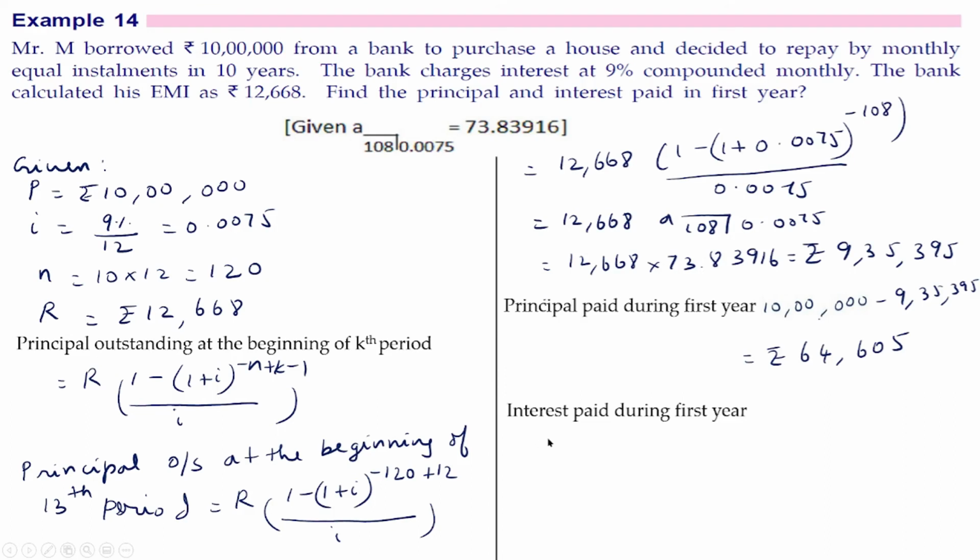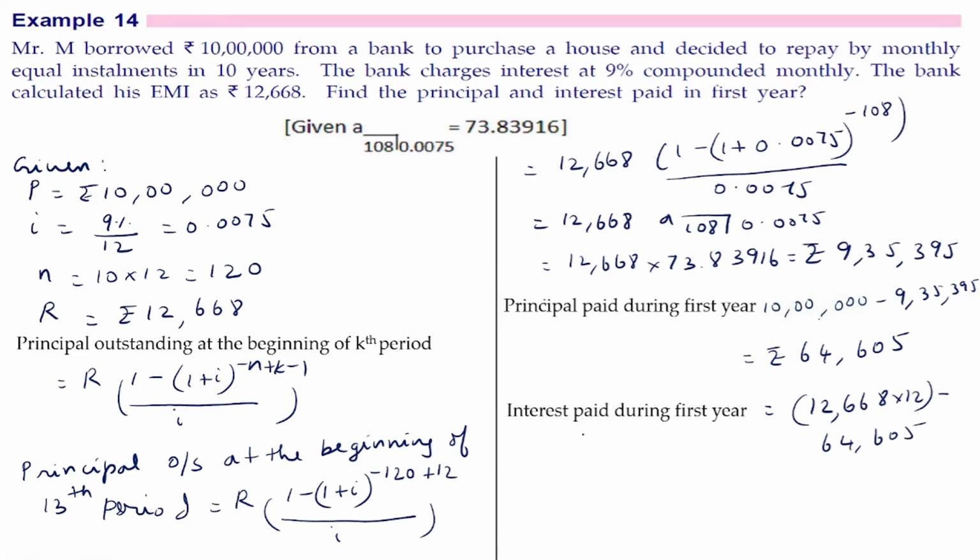And then next we have interest which is paid during the first year. So the interest paid during the first year will be the EMI into 12, because in the first year the EMI for 12 months has been paid. So this EMI into 12 minus the principal paid during the first year will be the interest paid during the first year. So it is equal to 12,668 into 12 minus 64,605.